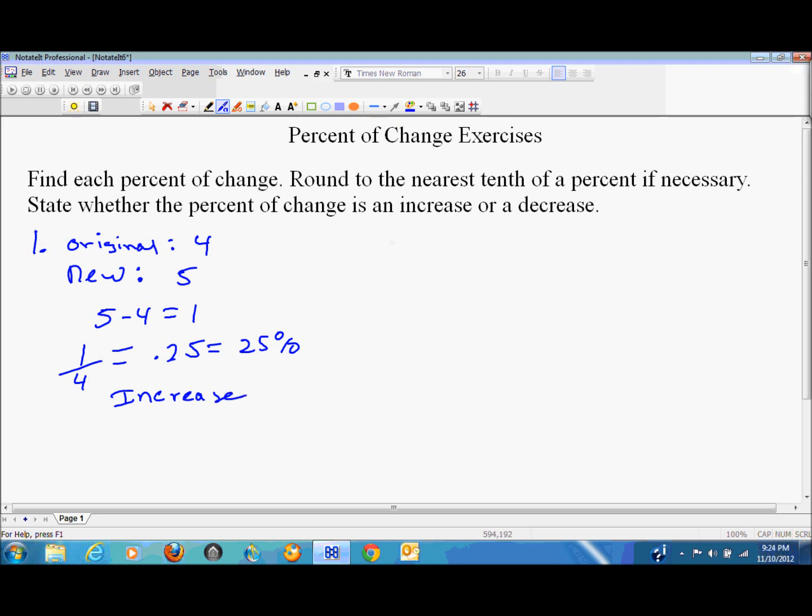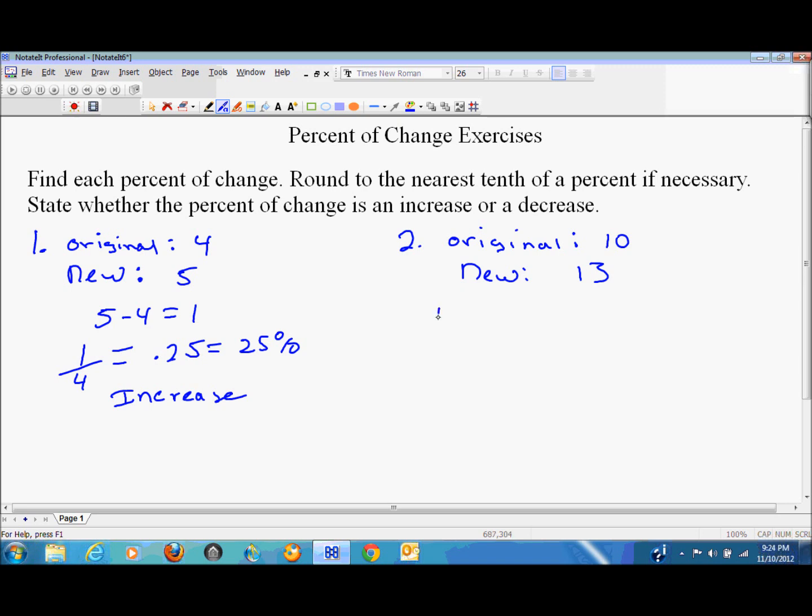Let's take a look at another problem. We have an original we say is 10 and new we say is 13.